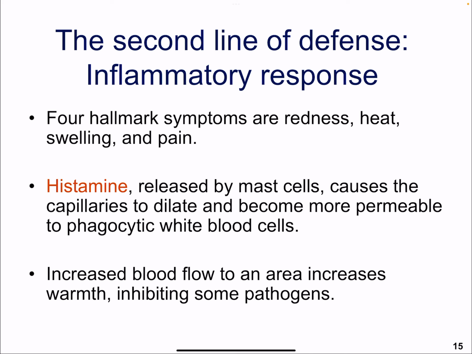Now, there are four major aspects in the inflammatory response. Four hallmarks, symptoms that are characteristic of the inflammatory response. One, it's redness. Two, it's heat. Three, it's swelling. And four, it's pain. Now, the redness occurs because of vasodilation.